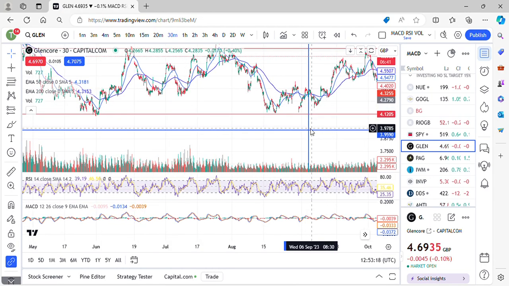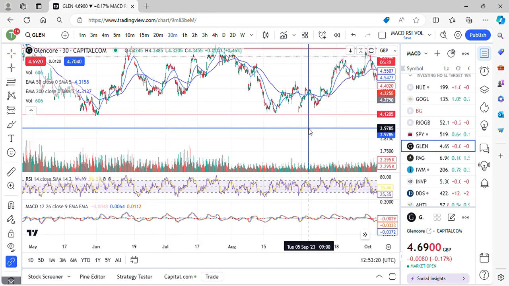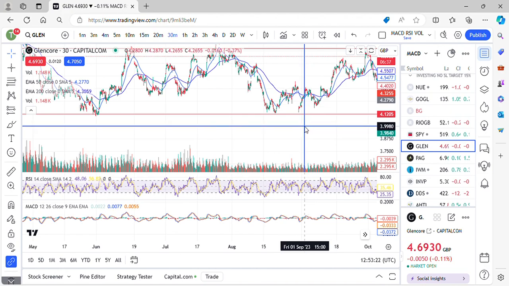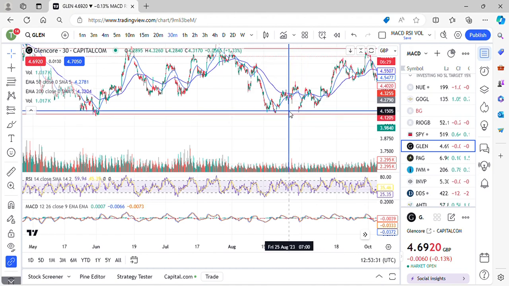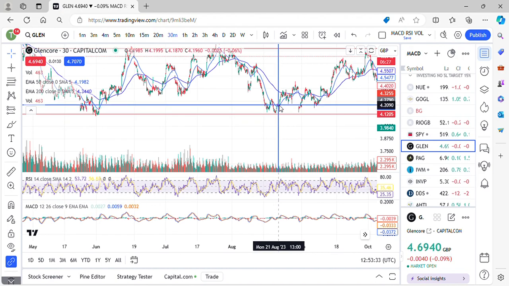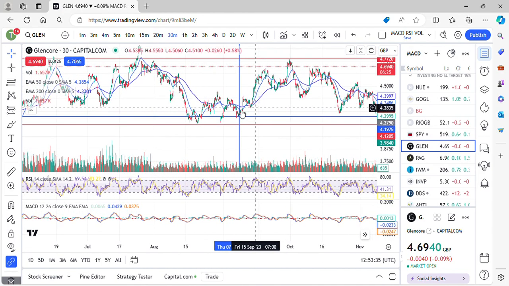So the point is, you're coordinating getting in at a support level on both the daily time frame and the 30-minute time frame. And there are lots of traders that can see that's a good entry point. This is where it came up, I think, on the daily time frame. This whole scoop up is the daily time frame push up.